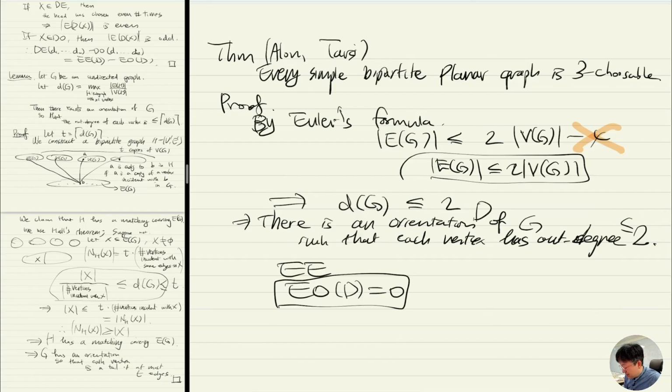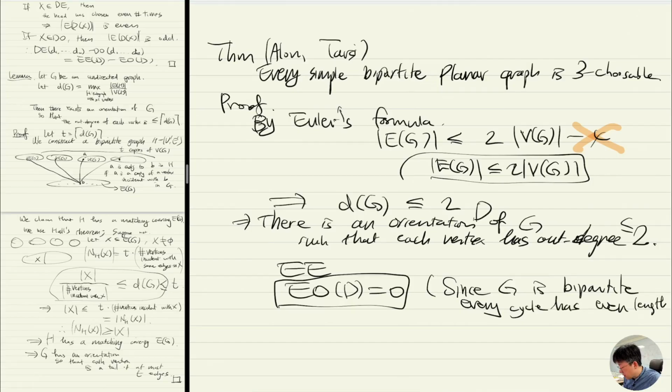Since G is bipartite, every cycle has even length, and so every Eulerian subgraph of D has an even number of edges.